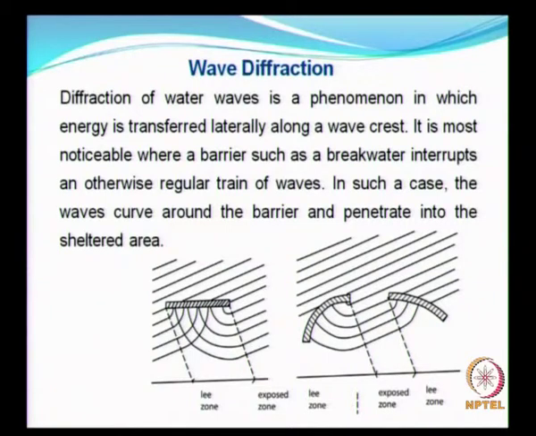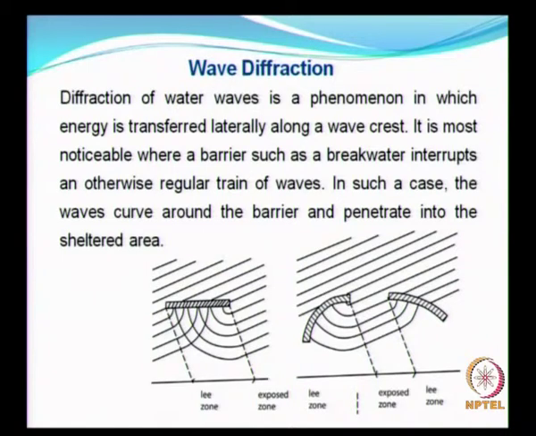An obstruction can be artificial breakwaters, natural reefs, submerged reefs or emerging reefs, or even trenches and ridges, which will lead to the waves getting diffracted. So we will try to understand what exactly is this phenomena by these two examples.